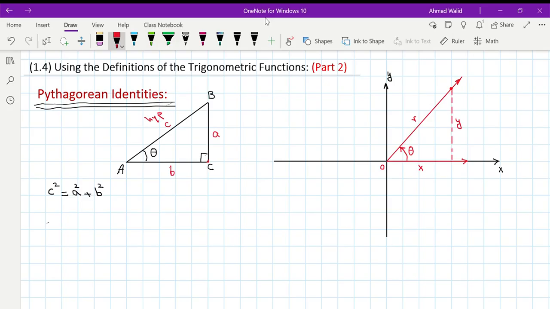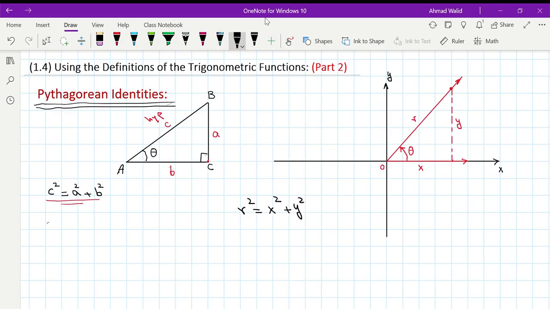Now, let's apply this Pythagorean theorem on this given angle in a standard position, correct? Then I can write like this, that r squared equals x squared plus what? Y squared. It's the same thing.